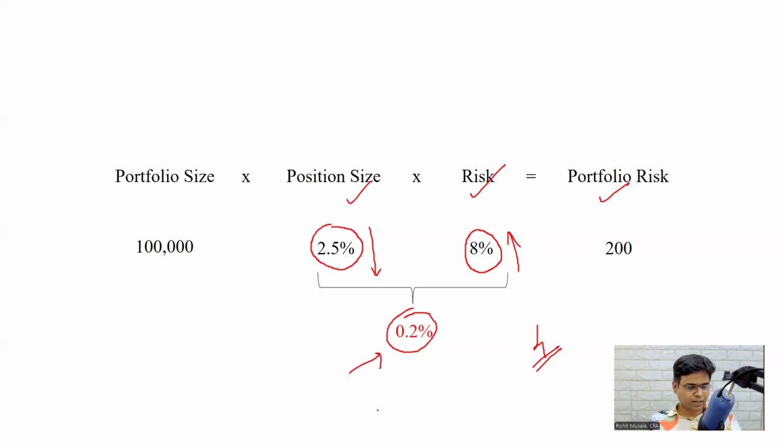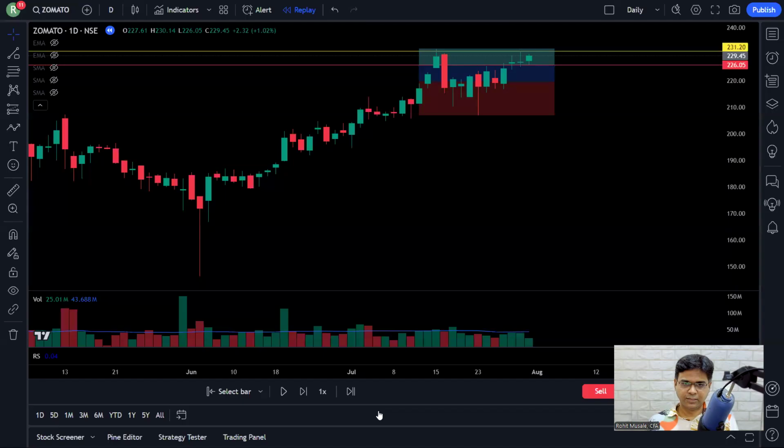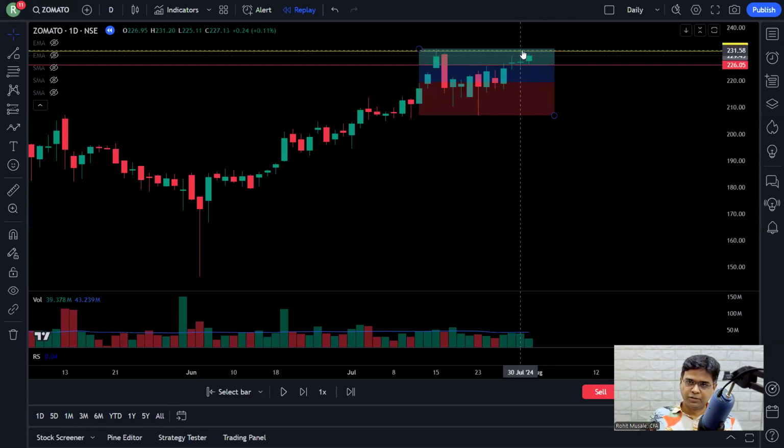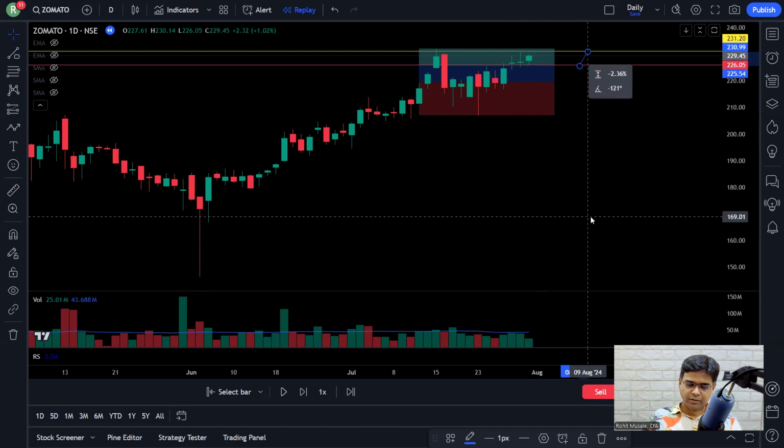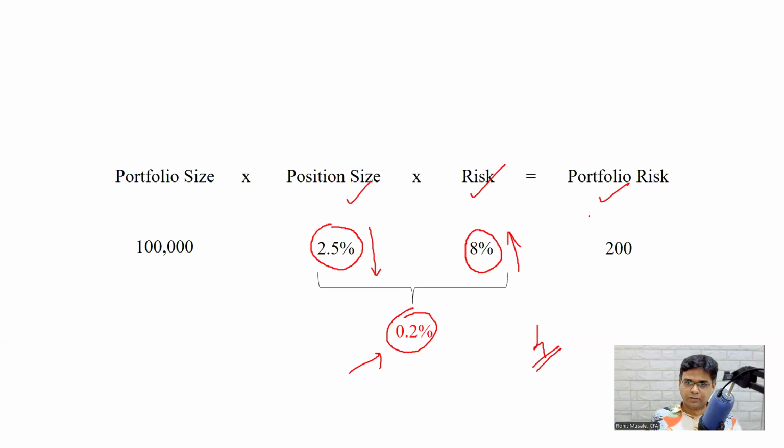Okay, so let's look at this system on this example. Now, let's say I keep a position size of 2.5%, and now let's say I want to keep the distance. See, from here to here, the distance is roughly 2.28%, right? So in this equation, this one becomes 2.28%.